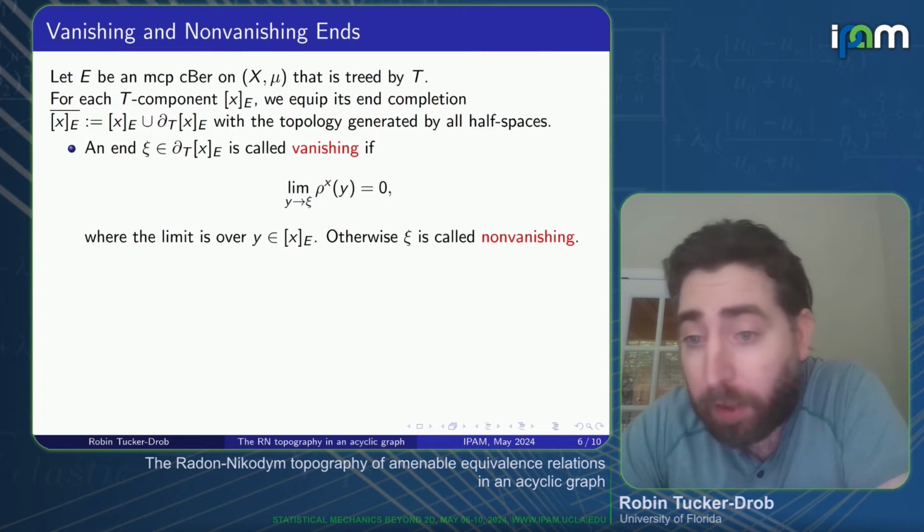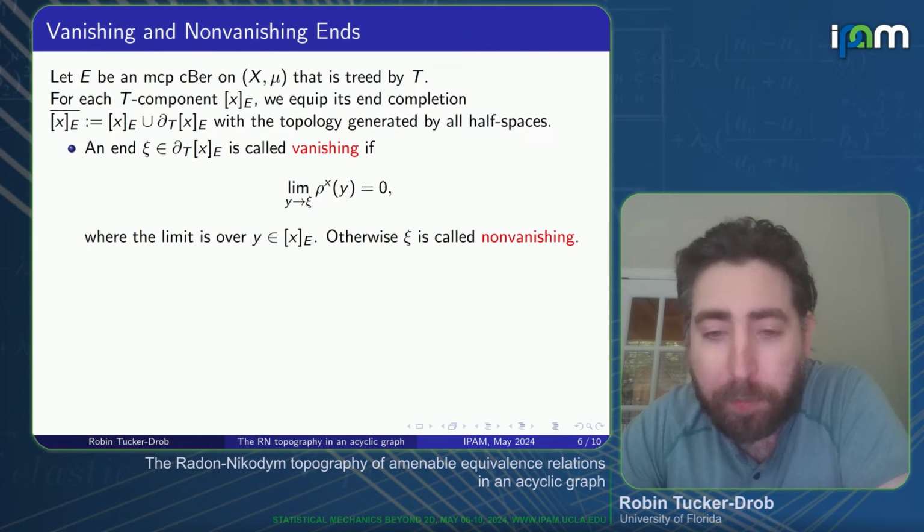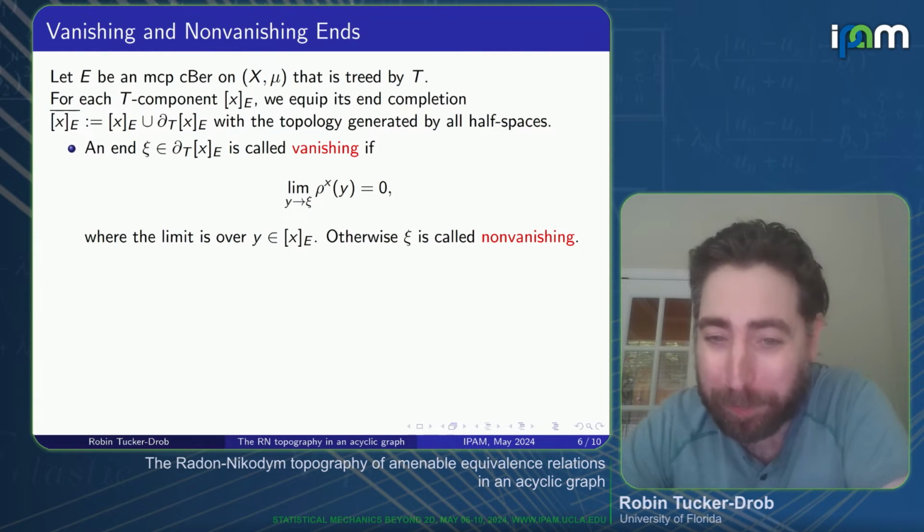Otherwise, C is called non-vanishing. So the terminology makes sense.